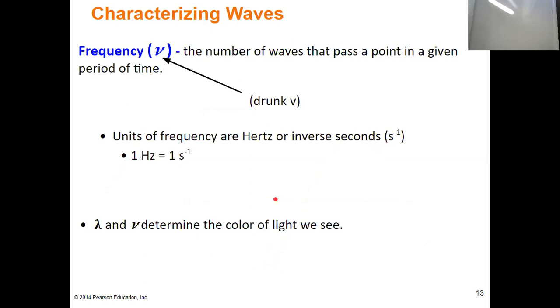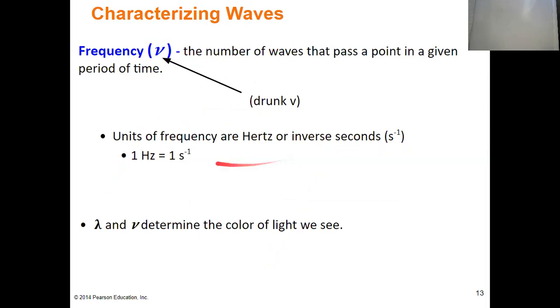The symbol for frequency is this. It looks like a drunk V, because it's not a regular V. That stands for velocity. It's this weird tilted V. The units for frequency are inverse seconds, which is seconds raised to the -1, or 1 over seconds.